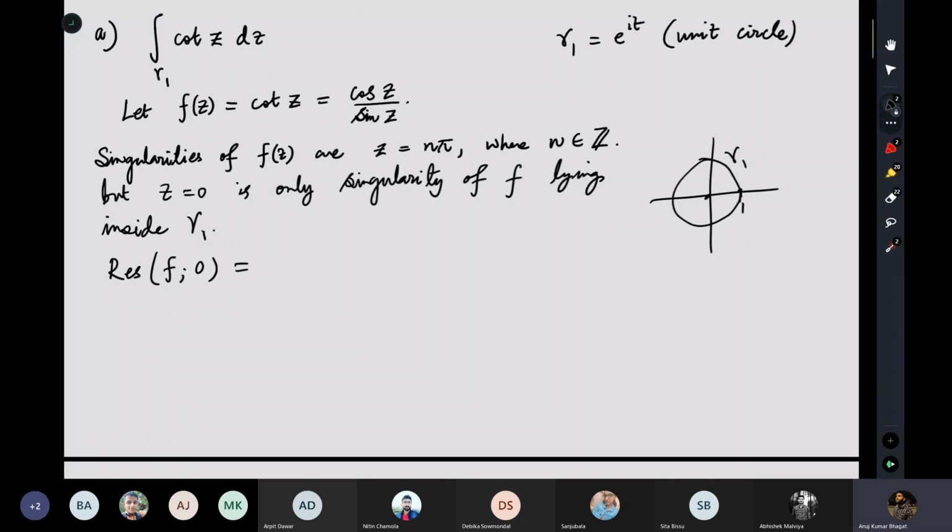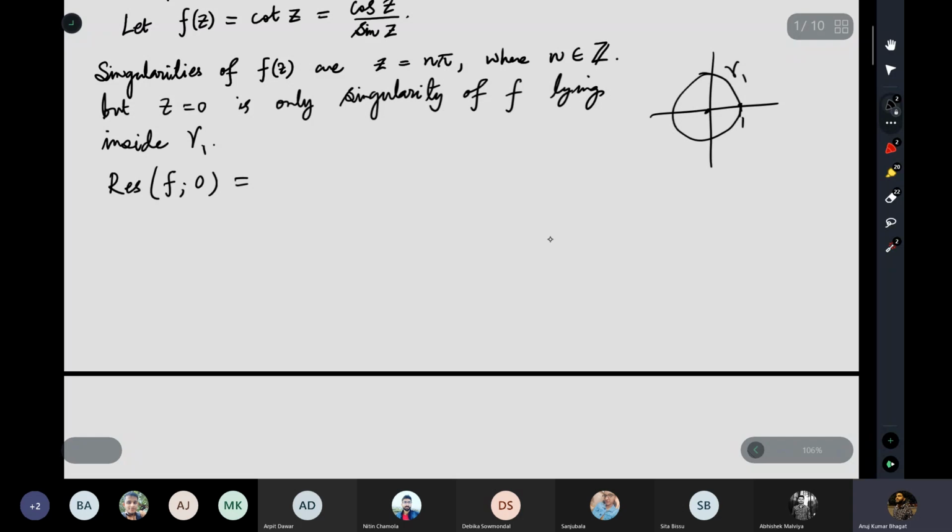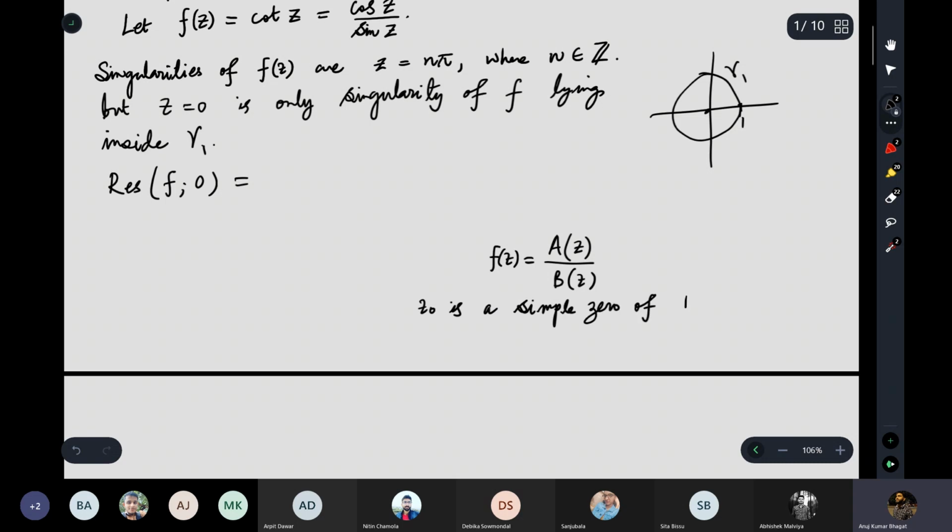Okay, so whenever a function is of this form, and z0 is a simple zero of b(z).